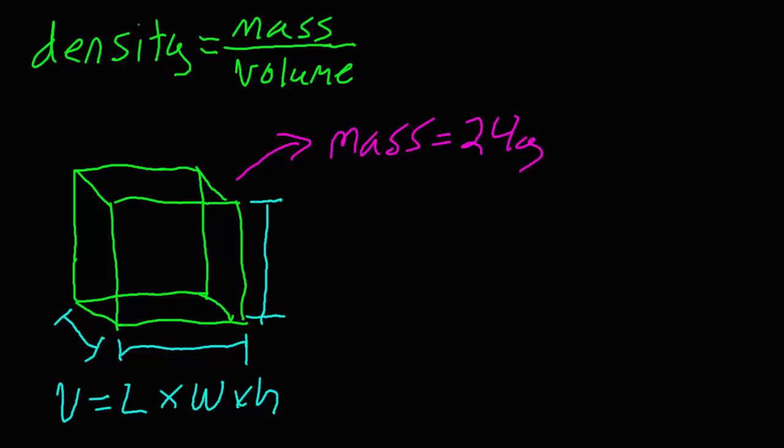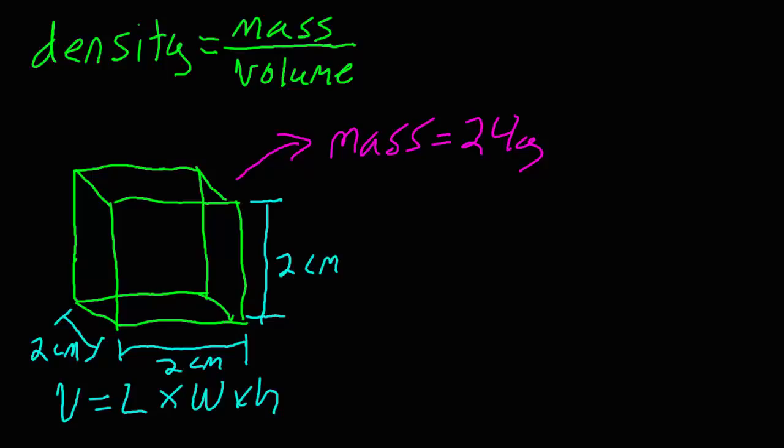So let's go ahead and say this is a cube, so that means that all these sides are the same. The length we'll call 2 centimeters, the width we'll call 2 centimeters, and then the height we'll also call 2 centimeters. So this would be me taking out a ruler, measuring this distance here, and this distance here, and finding out that they're all 2 centimeters exactly.